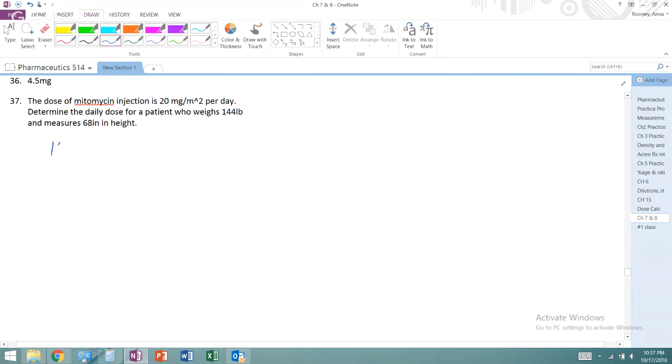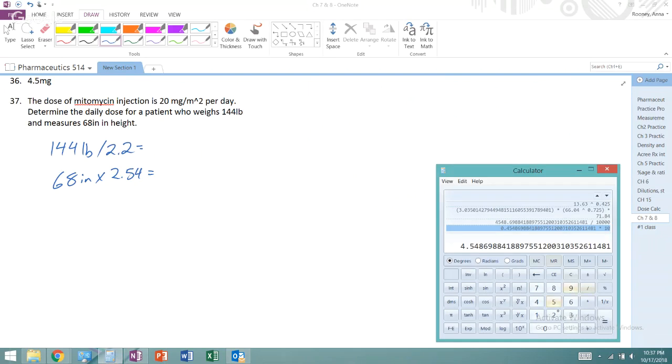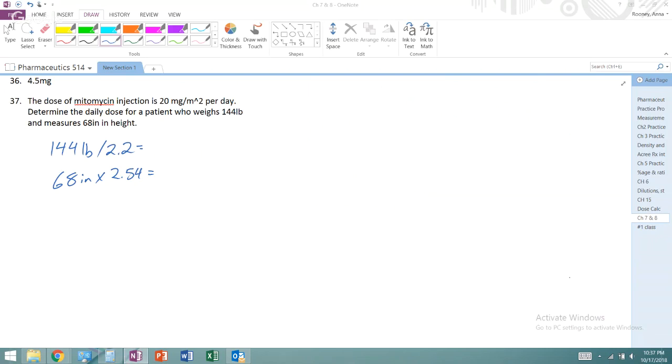So 144 pounds divided by 2.2, and then 68 inches times 2.54. 65.45. Don't forget your units.